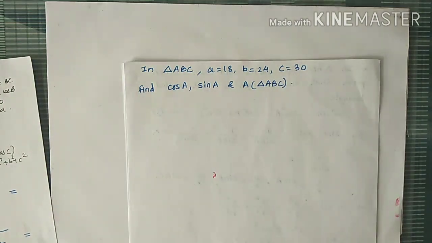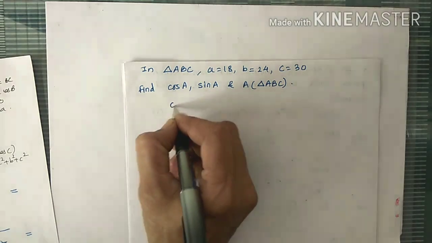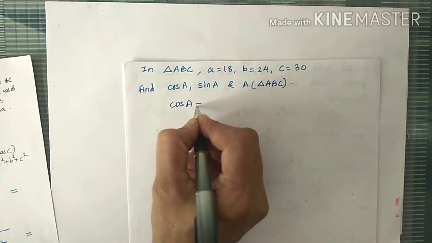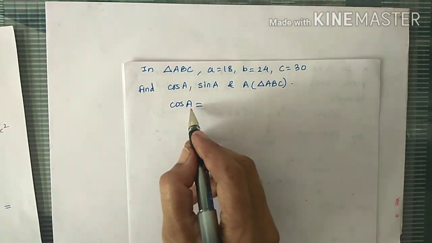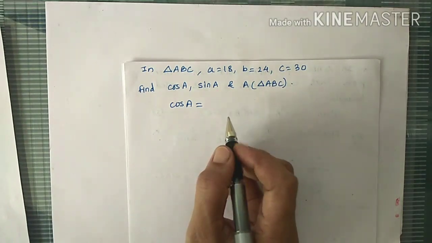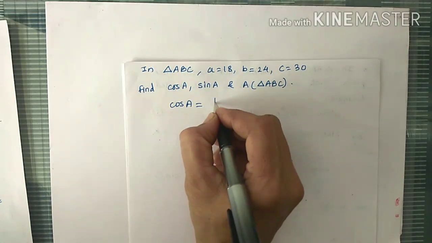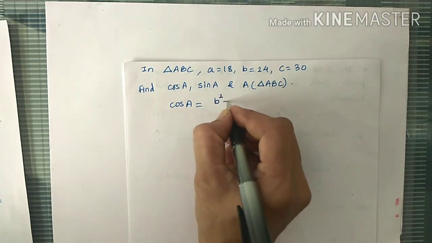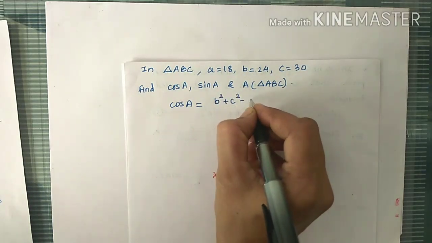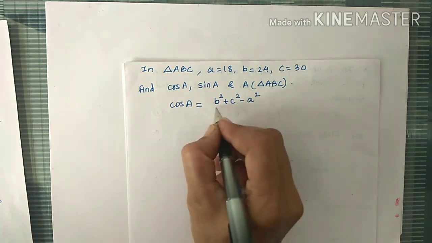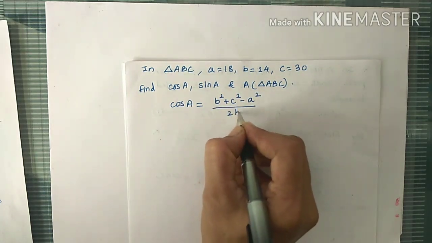Okay, first let's find out the value of cos A. Now by cosine rule, we have cos A equal to, if it is A, last term is minus a square, we have to write the remaining terms first. So b square plus c square minus a square upon 2bc.